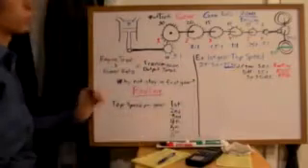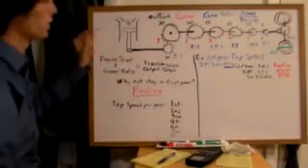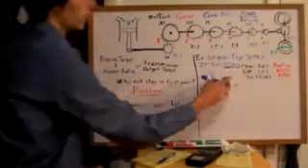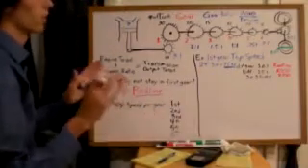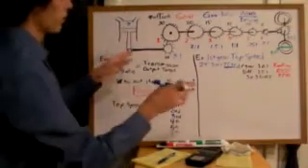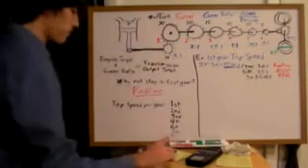Now this distance right here is in inches, and that's going to be the distance you travel with 10.5 revolutions of your crankshaft. So every 10.5 revolutions of your crankshaft, you've got 1 revolution of the tire. The tire's circumference is 75 inches. So that's how far you go with 10.5 revolutions of your crankshaft.